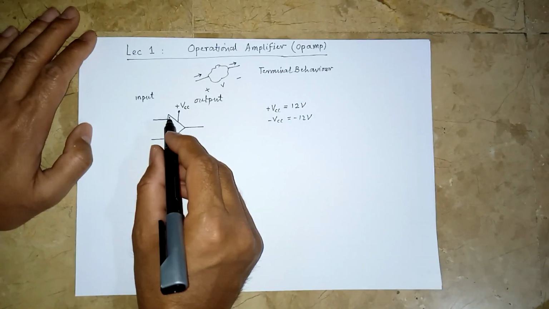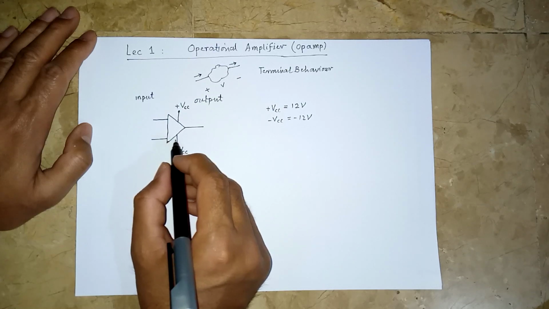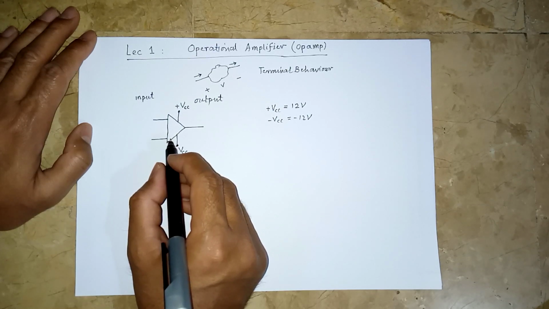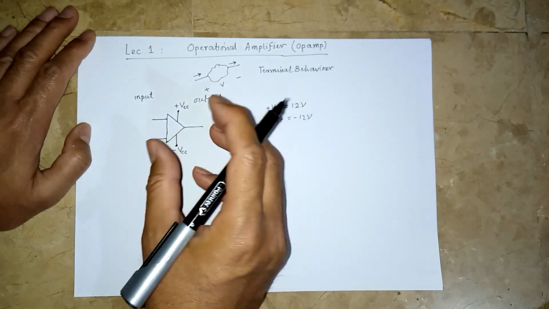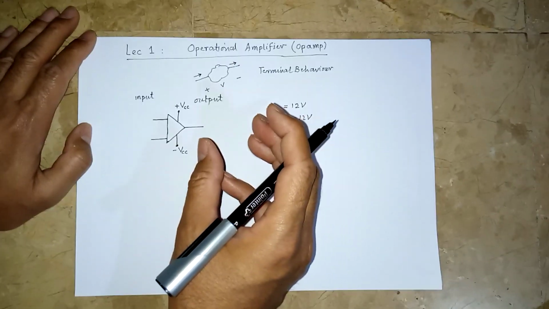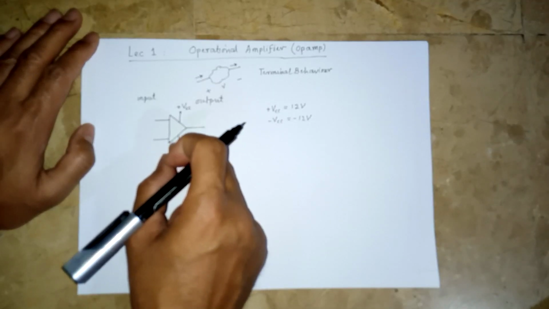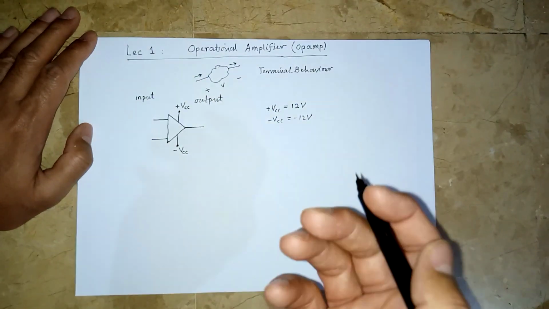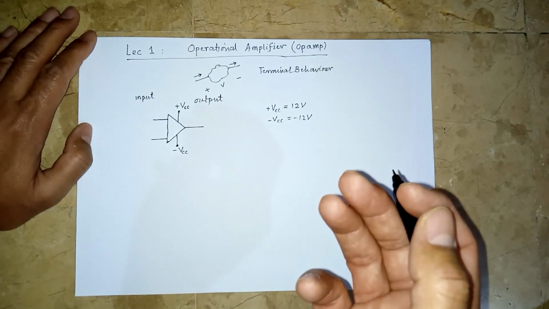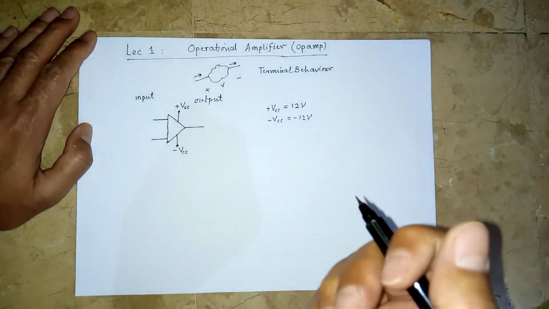And then there are other terminals. When you will be seeing this in real life in a lab, for example, you will come across integrated circuits, small chips, which have around 8 terminals. So there will be two input terminals, one output terminal, two for the power supplies, and then there are other terminals as well, which are meant to offset and balance the operational amplifier. But right now we are really not concerned about them.